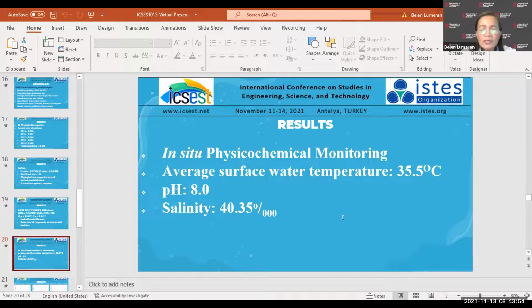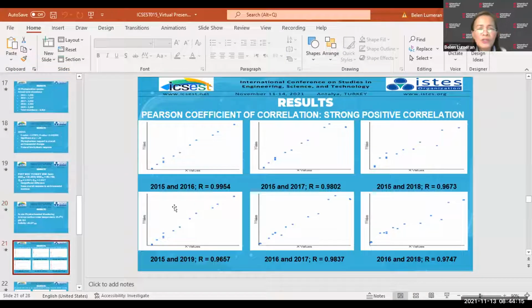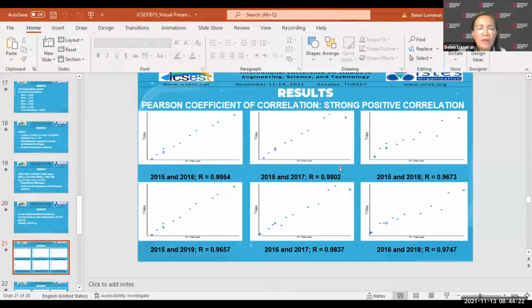In situ physicochemical monitoring showed an average surface water temperature of 35.5 degrees Celsius, pH of 8.0, and salinity of 40.35 parts per thousand. These averages are within the tolerable limits. The result of the Pearson coefficient of correlation showed strong positive correlation. I will not be discussing them one by one.